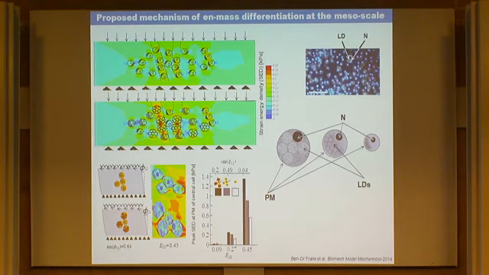And what I want to actually show you is a finite element simulation of loading experiments that we've conducted on these tissue engineered fat.